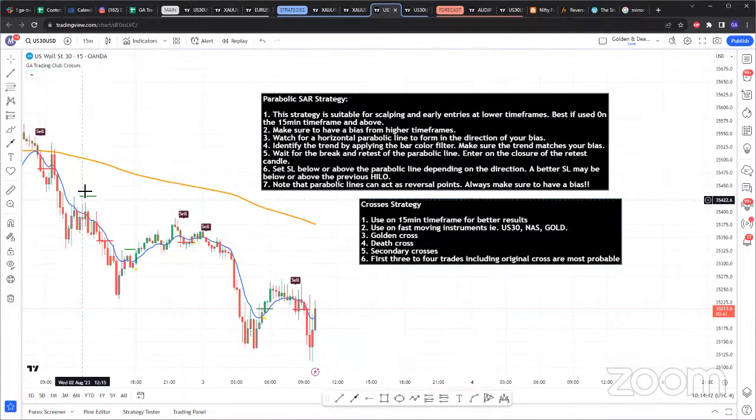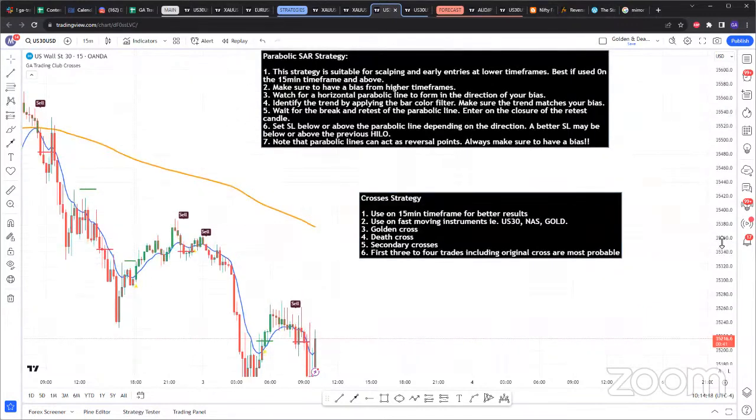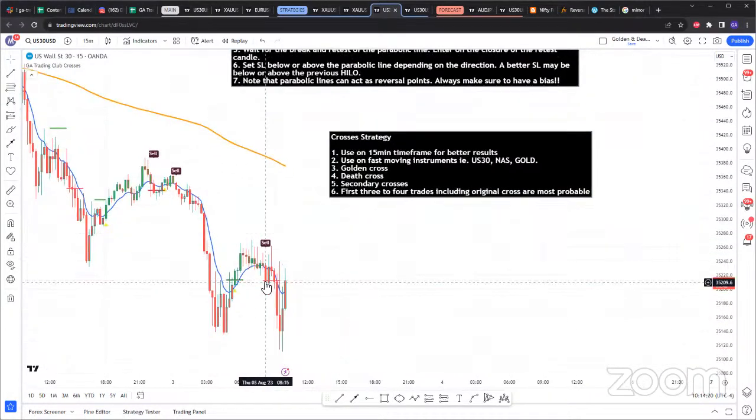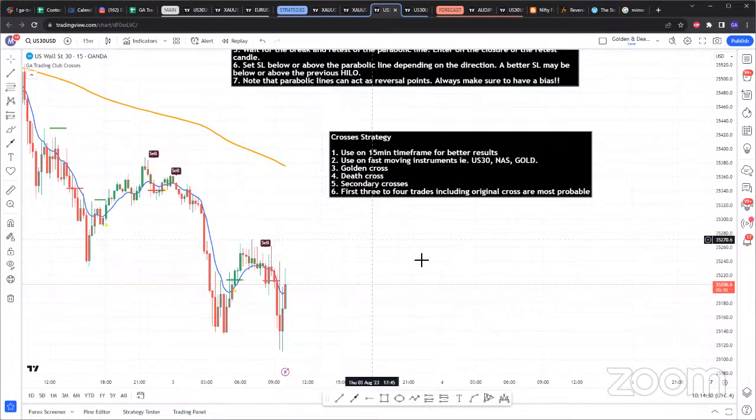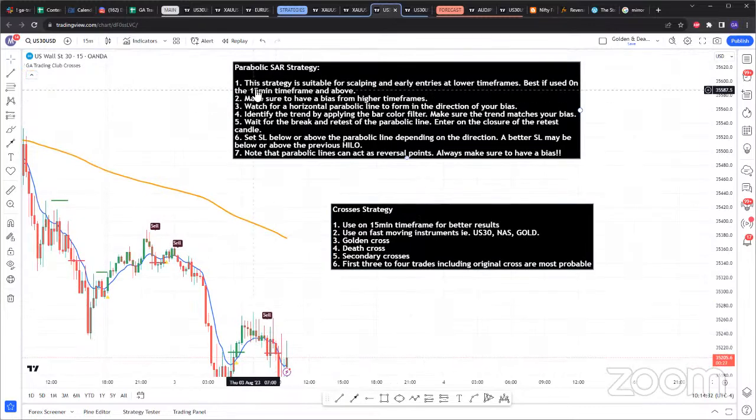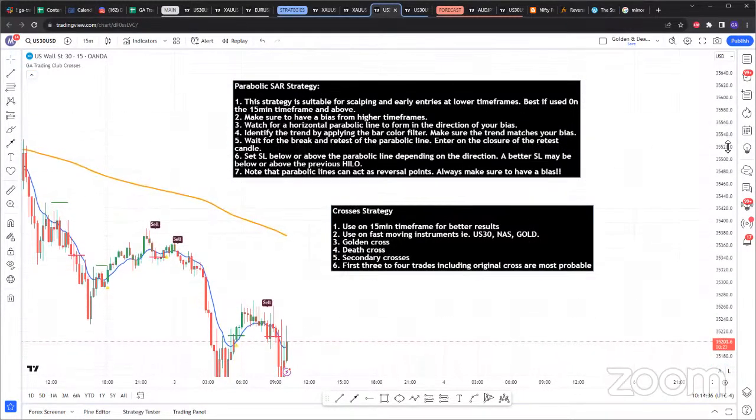Now, for me, how I like to interpret these parabolic zones is that the red lines are telling me areas to sell. The green lines are telling me areas to buy. Now, again, this strategy is suitable for scalping and early entries at lower time frames.